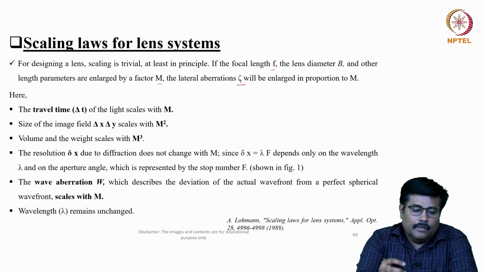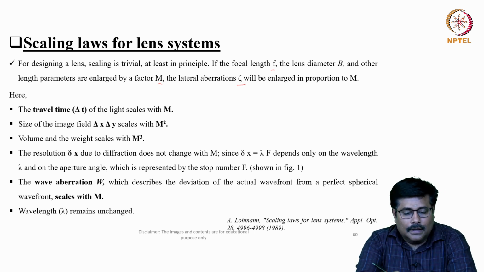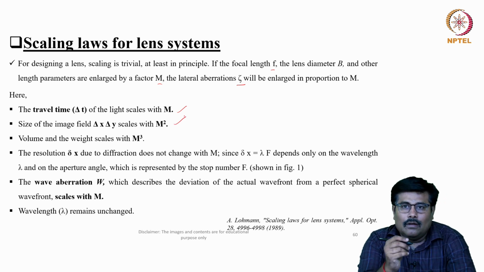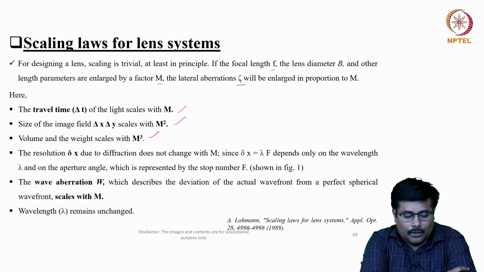So here we have a travel time delta t of the light that scales with m. Size of the image field delta x delta y scales as m squared. Volume and the weight scale as m cubed.